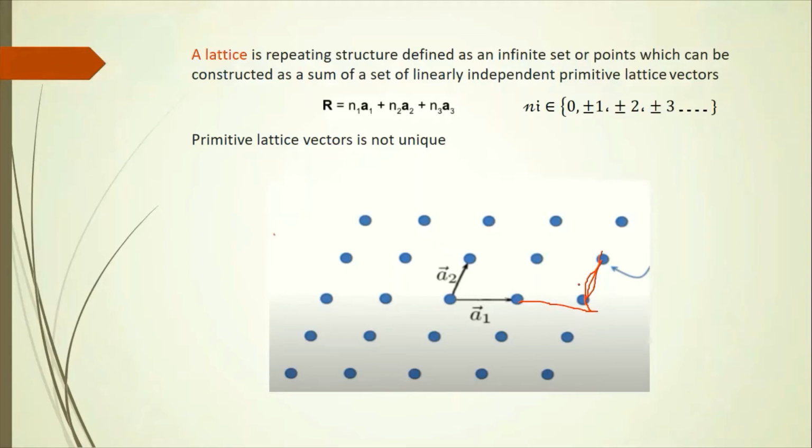Therefore, that's why this point can be denoted with square brackets, like 2 and 1, 2 and 1 in the square brackets.